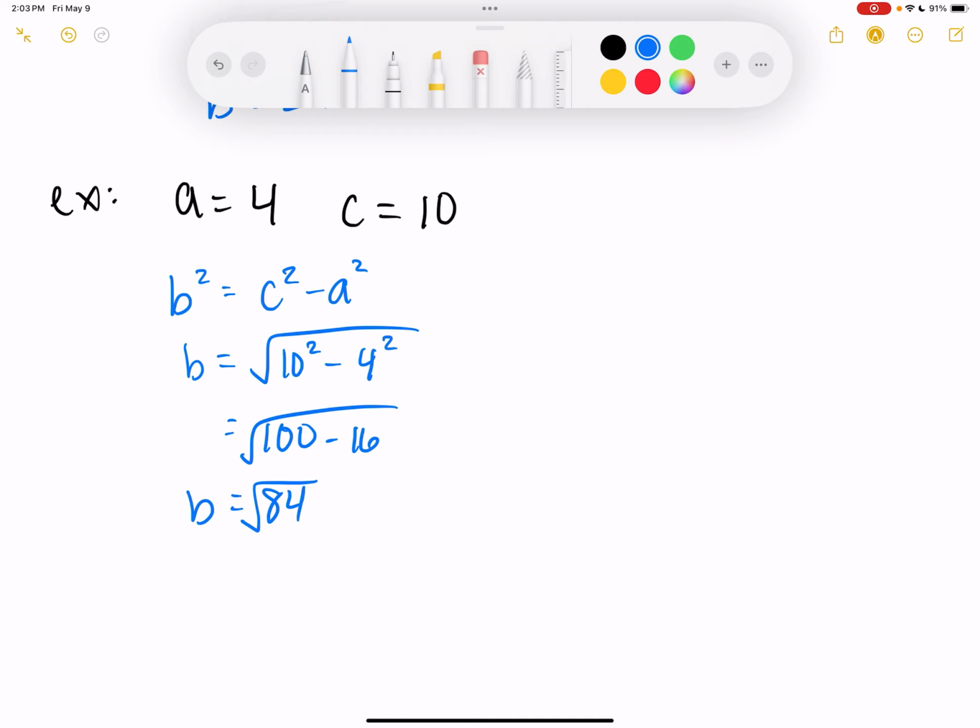B equals the square root of 84. You agree? Square root of 84.